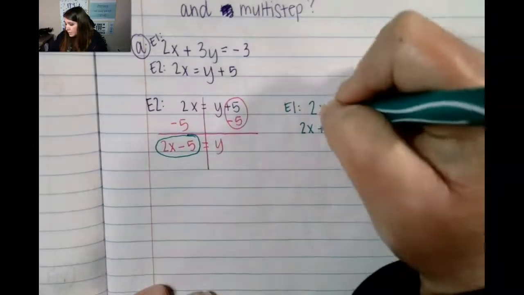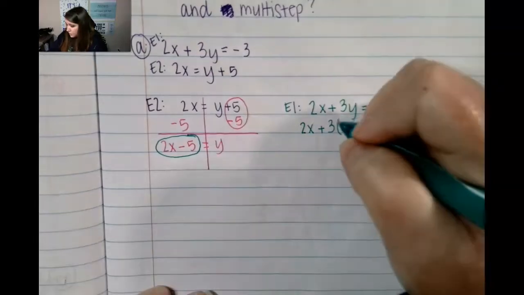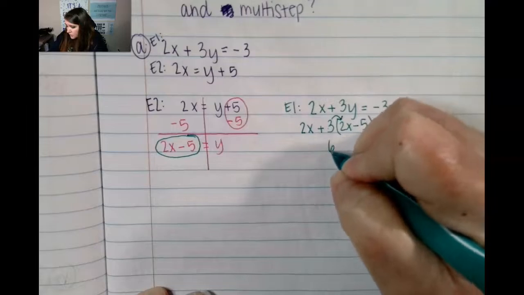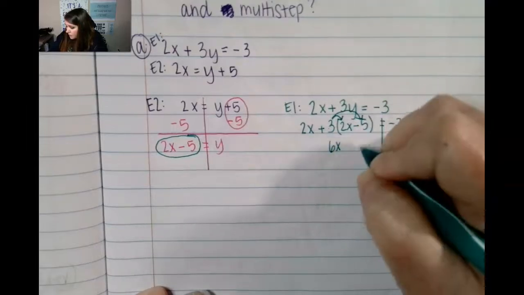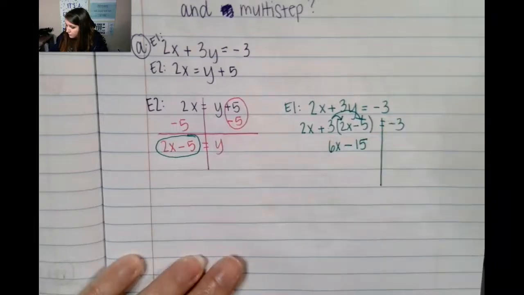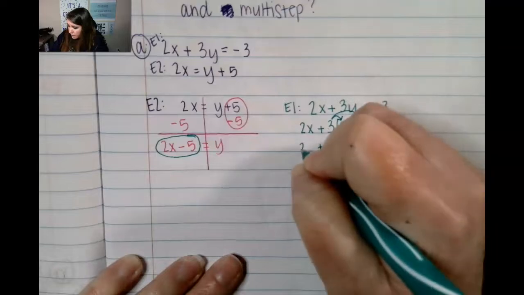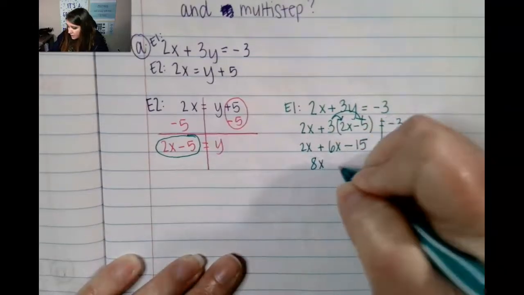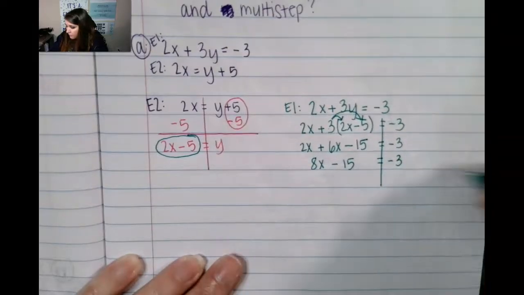We want x's on one side, numbers on the other. So distributive property, 3 times 2 is 6x. 3 times negative 5 is negative 15. Drop down the rest of this, and now we have 8x minus 15, and that equals negative 3.